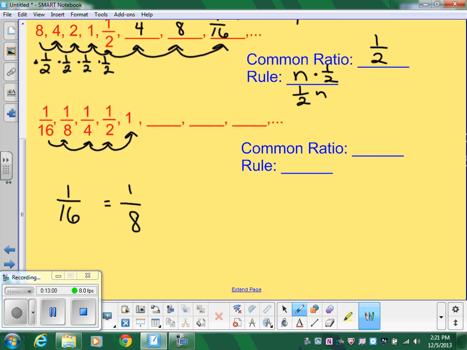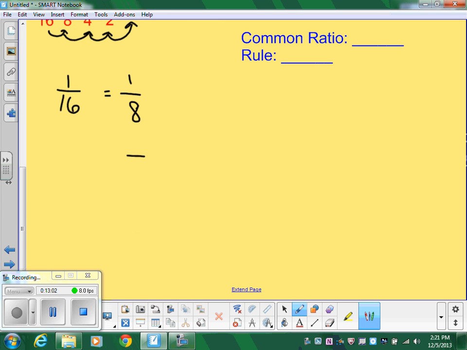If we take this 1/8 and give it the same denominator, we are going to use the common factor here of 2 to make this 2/16. So we're going from 1/16 down to 2/16, or over to 2/16. What are we multiplying the original fraction by in order to move forward?